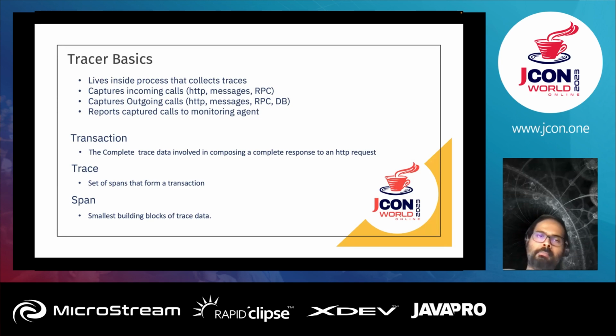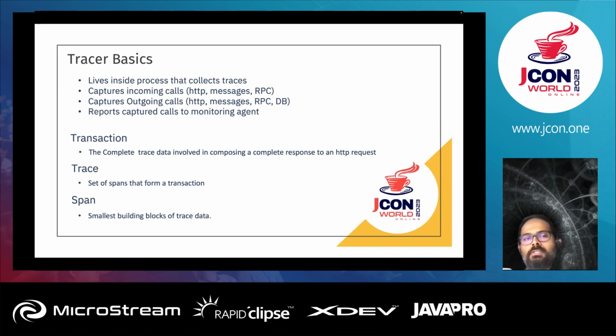The agent will be running on the system, and the tracer, which is now part of the monitored process, will collect data from this process and start sending it to the agent, and the agent will send it to the backend server, which processes it and shows it in a readable format so that we can understand how the transaction started, how it ended, and what path it has taken.